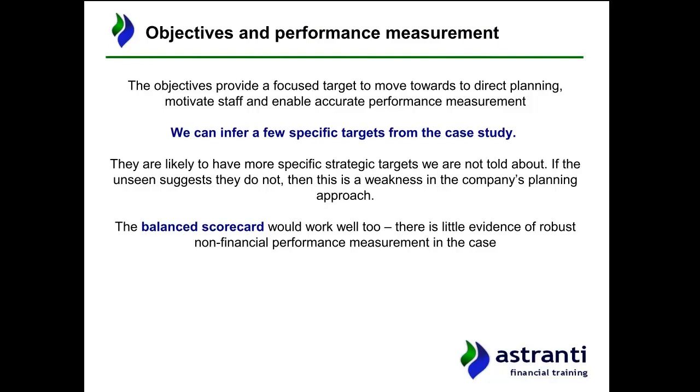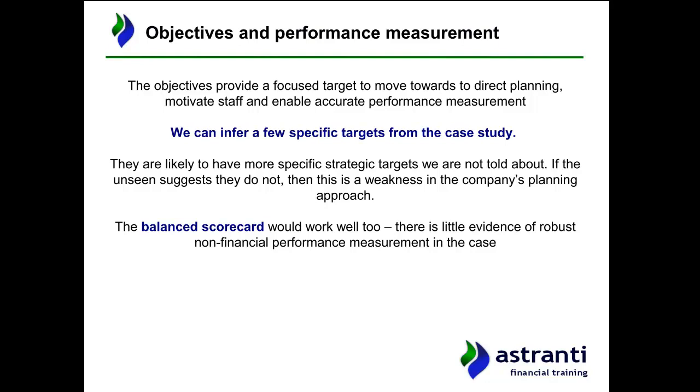Okay, so once we have a clearer idea of the mission, we can move on to think about objectives and the measurement of performance. And these are the ways in which the company can essentially measure their progress against their overall strategy. So objectives are essentially a focused target to move towards, direct planning, motivate staff and enable accurate performance measurement.